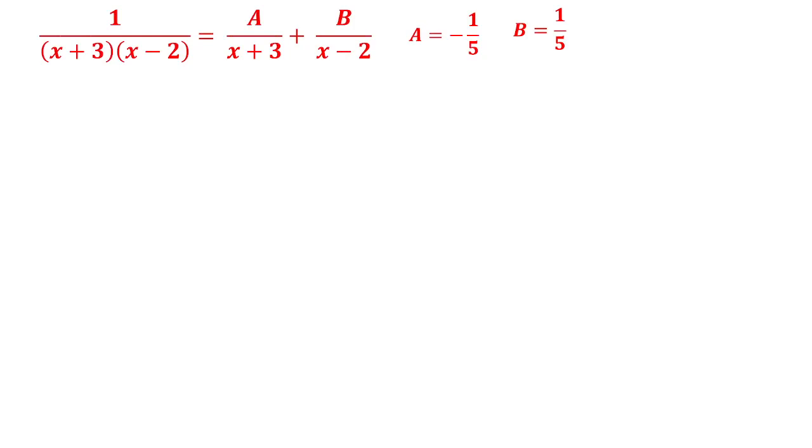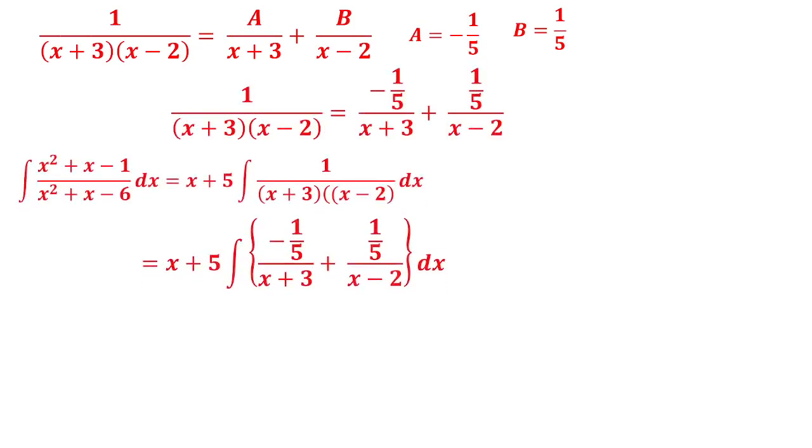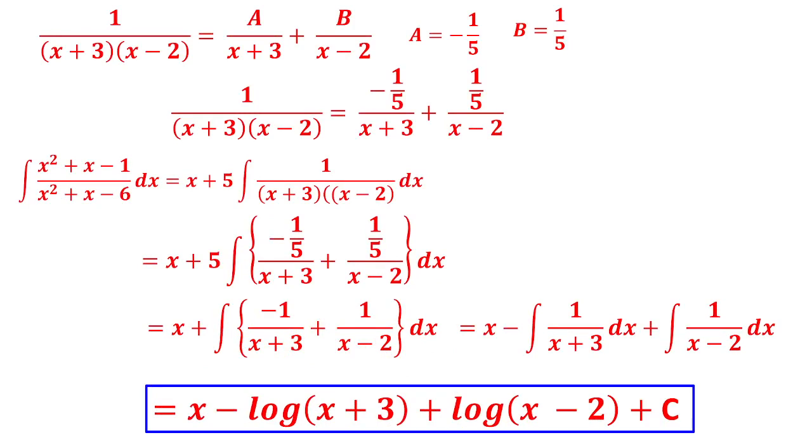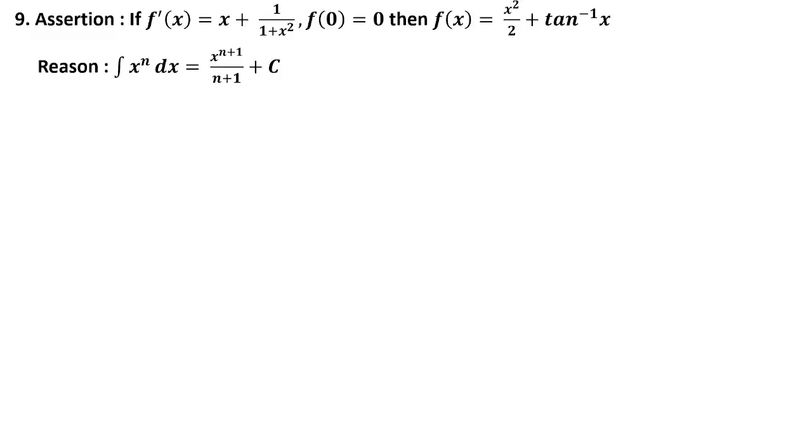Therefore, I am doing the integration now. The integration is very simple one because it is log of and log of. Therefore, the final answer is x minus log x plus 3 plus log of x minus 2. Because that 5 is getting cancelled, you are seeing over there. Simple.